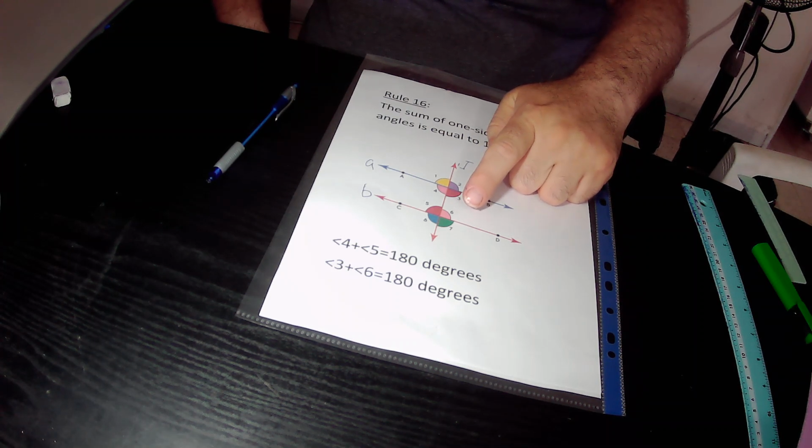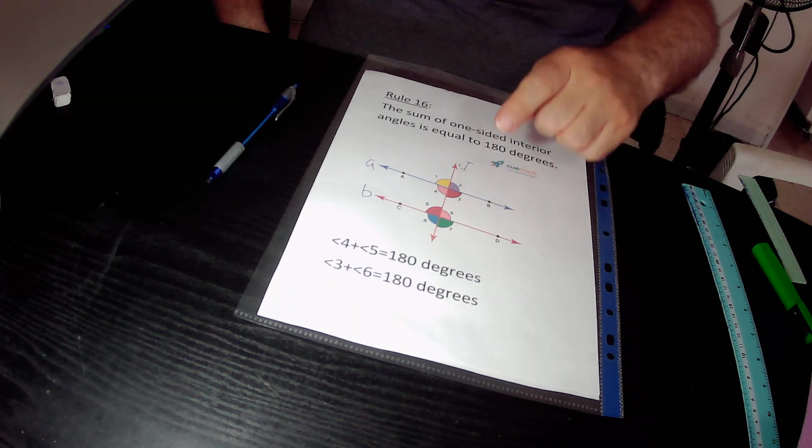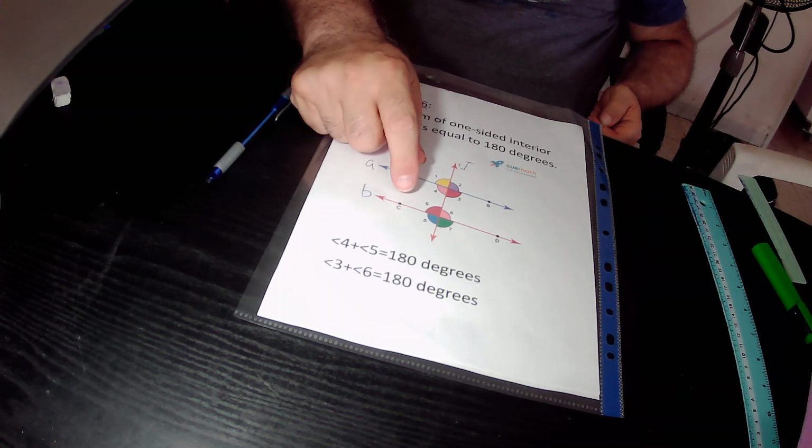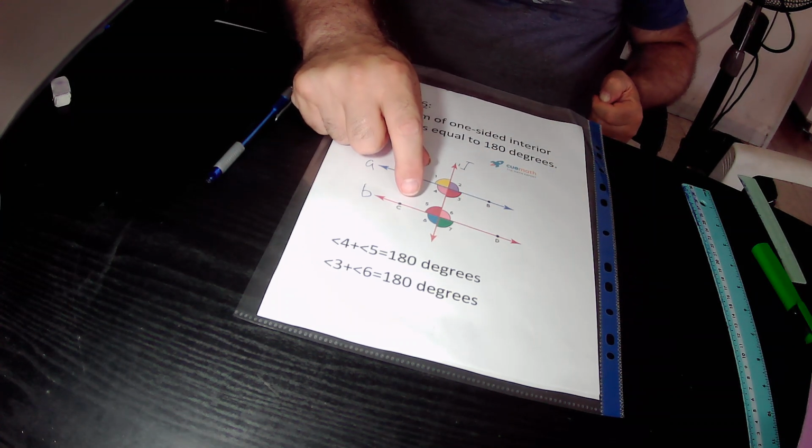According to rule 16, angle 3 plus angle 6 equals 180 degrees in its size, and those two angles are defined simultaneously as one-sided and interior angles.